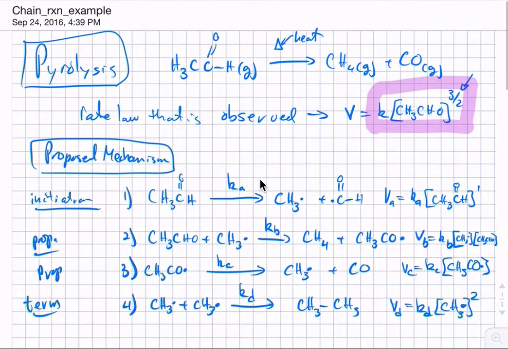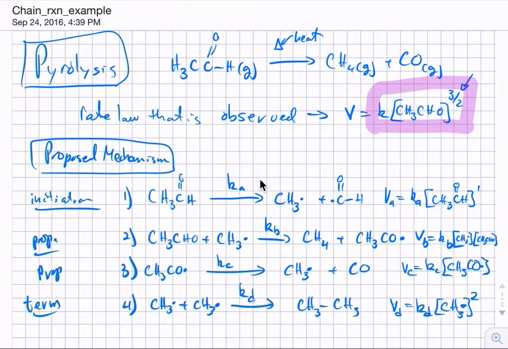So at this point, we have defined all of the elementary reactions. We've defined the elementary rate laws, and now let's see if we can apply the steady state approximation to intermediates. So let's identify the intermediates we're going to look at.